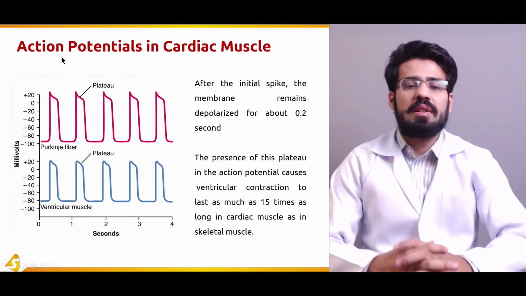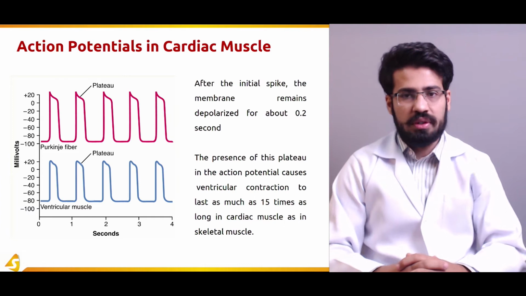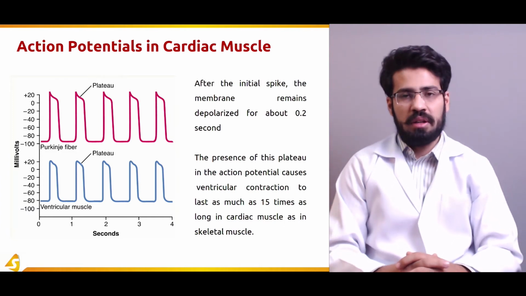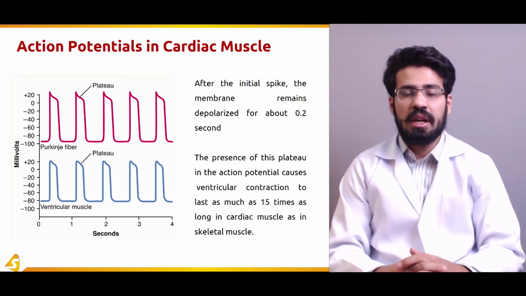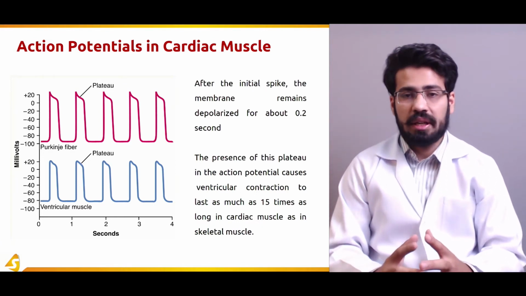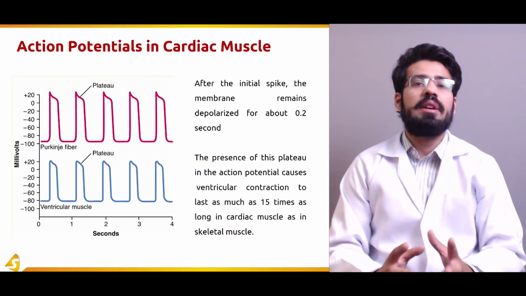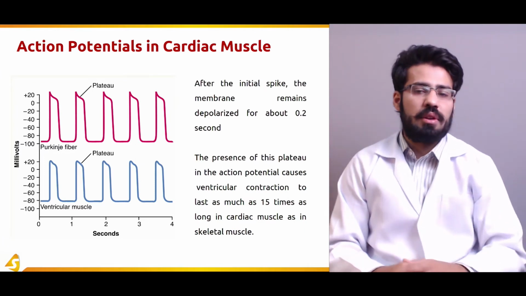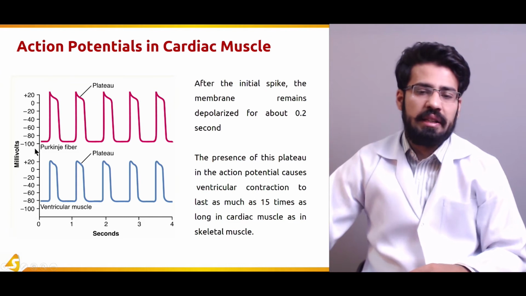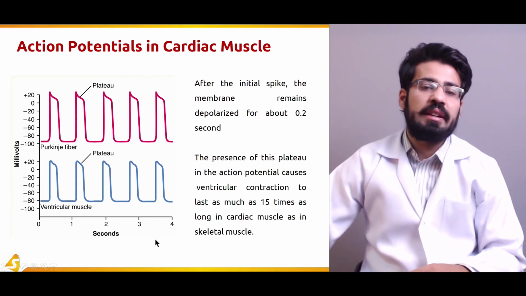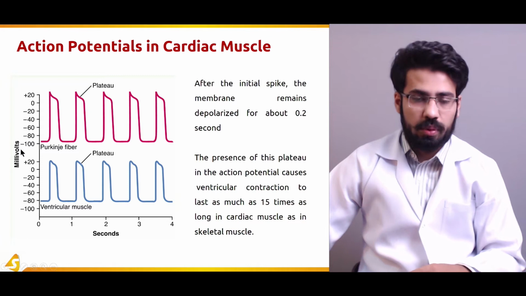Now let's discuss in detail the action potentials that are present in the cardiac muscles. Action potentials, as the name indicates, are the excitatory signals that basically trigger the contraction of the muscles. Here you can see the graph between the seconds and the action potential in millivolts.